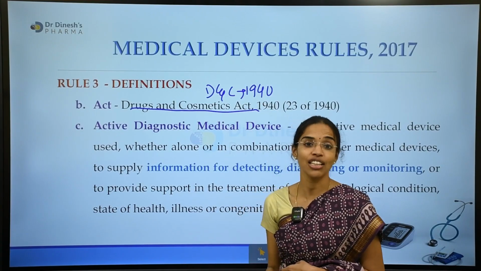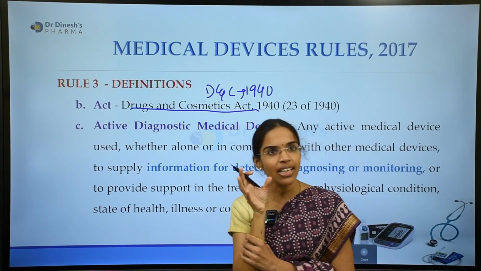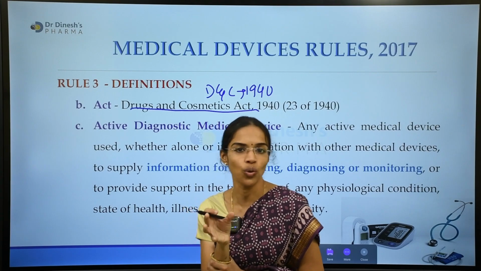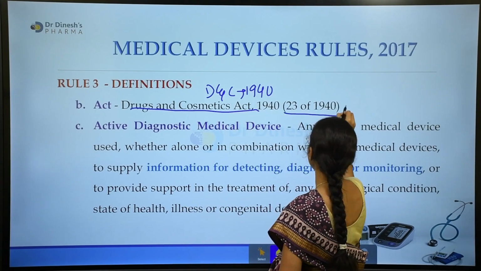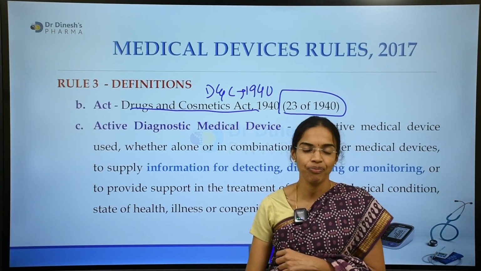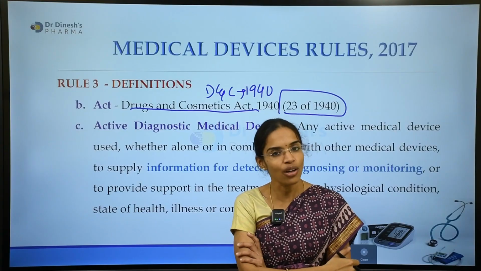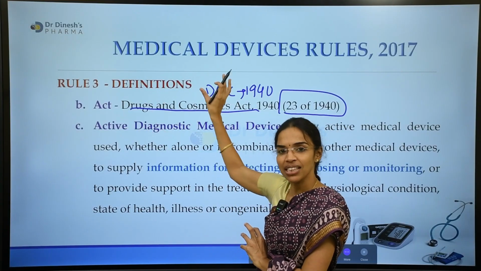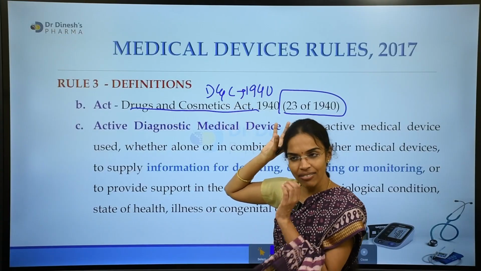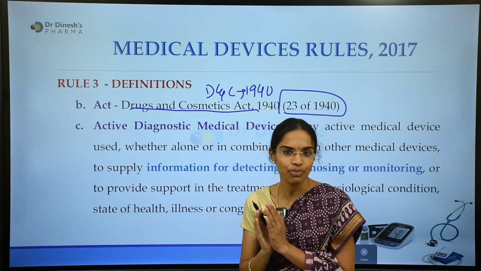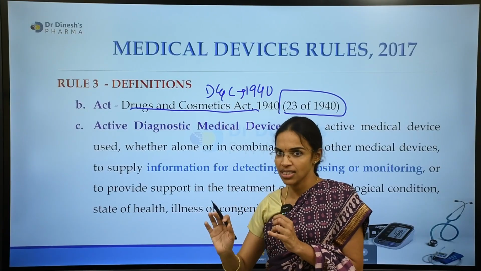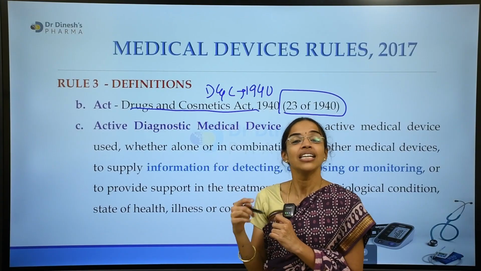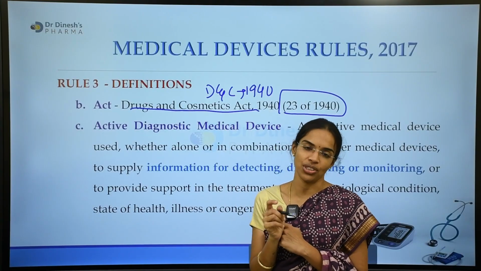Usually, whenever it is referred to in the medical devices rules, it is mentioned as 23 of 1940. Okay, so wherever the term act is mentioned all through this MDR 2017, it is nothing but the Drugs and Cosmetics Act 1940.